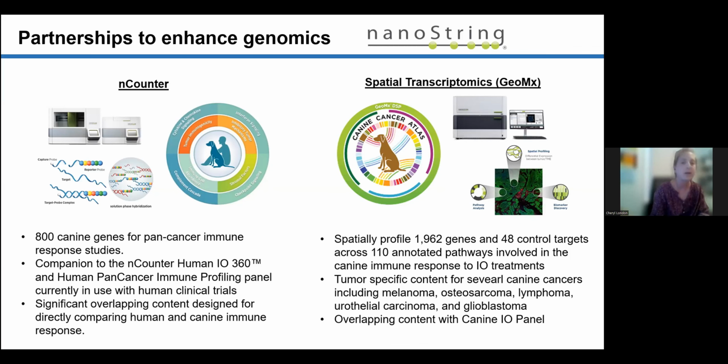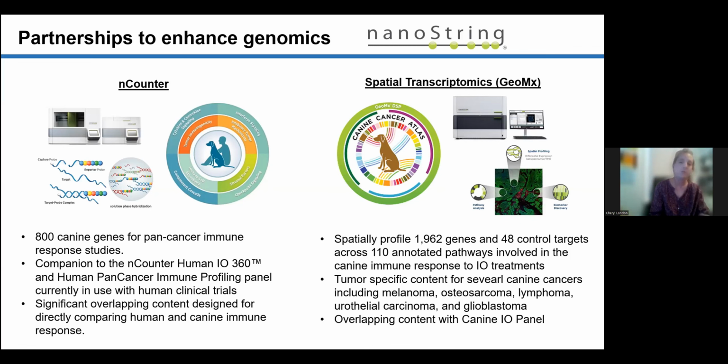This is the canine IO panel. It aligns very nicely with a human IO panel that's currently in use in human clinical trials, and it has significant overlapping content that's designed for us to do these direct comparisons. The companion is the Canine Cancer Atlas, which was designed specifically to interrogate a number of canine immune responses to IO treatments.